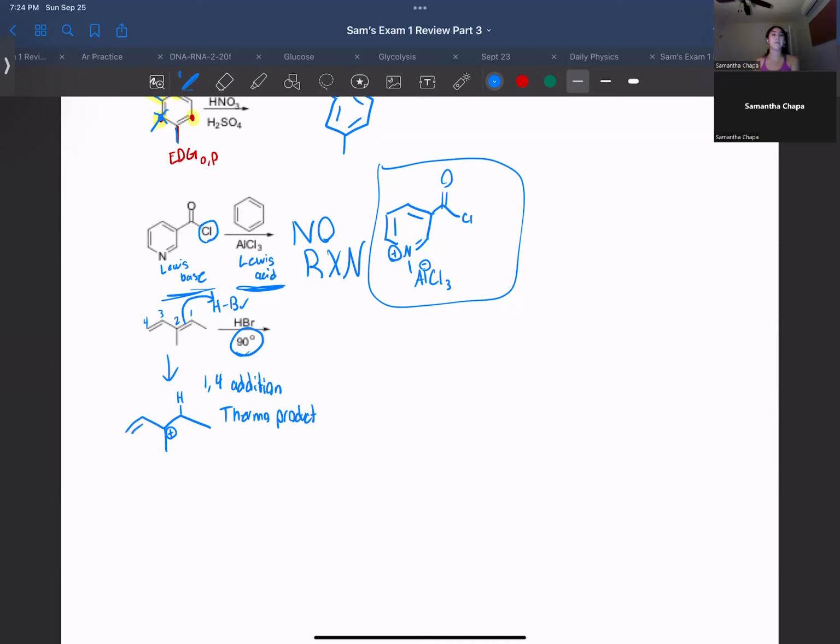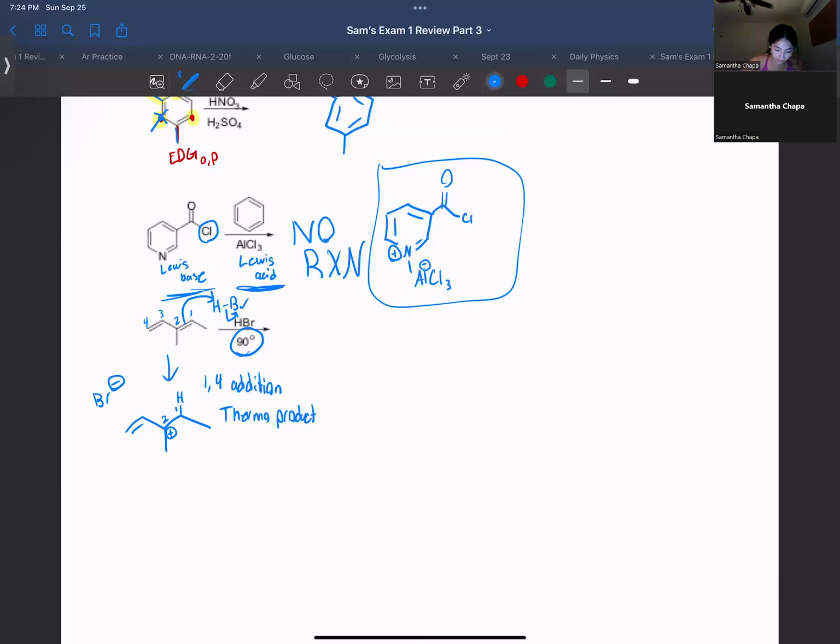So that was our first step. And if we were to attack with our Br group that we just broke off over here, it would give us a 1,2 product, which we don't really want because, again, we added the hydrogen here and we would add the bromine here if we wanted the 1,2 addition product. Right now we want the 1,4 because of that heat. It's allowing us to make a more stable compound.